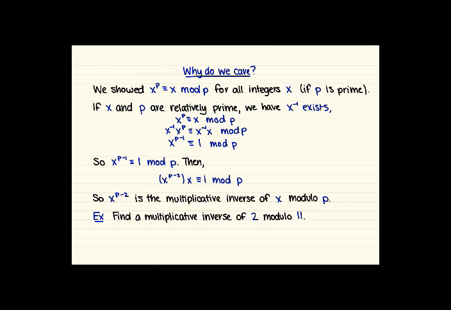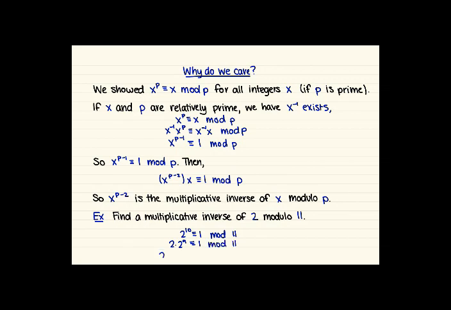So for example, if we're finding the multiplicative inverse of 2 mod 11, we know that 2 to the 10th is congruent to 1 mod 11. So then 2 times 2 to the 9th is congruent to 1 mod 11.